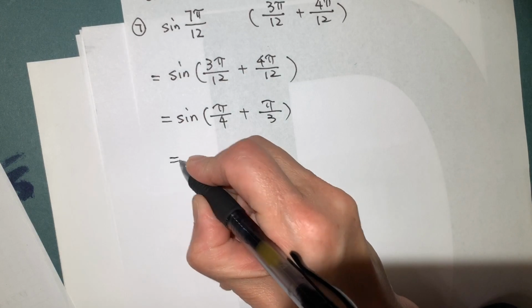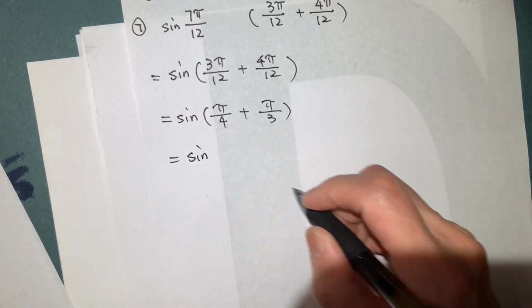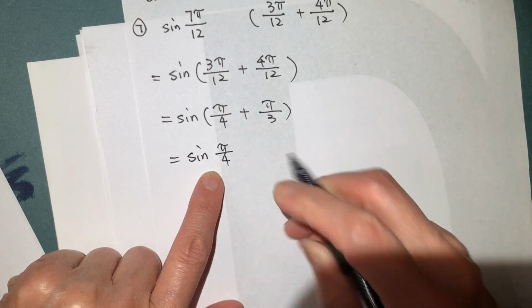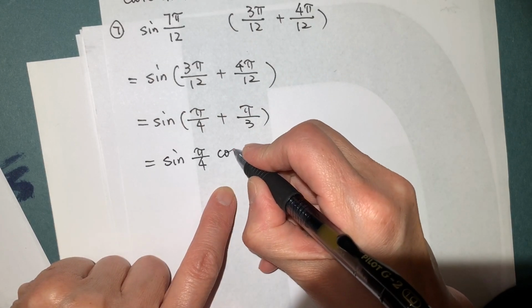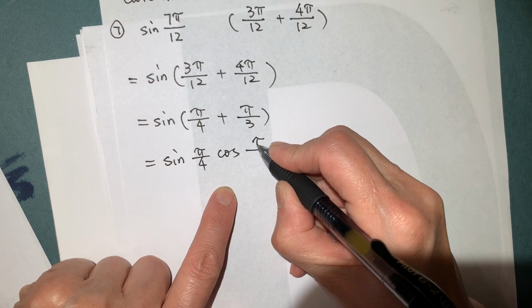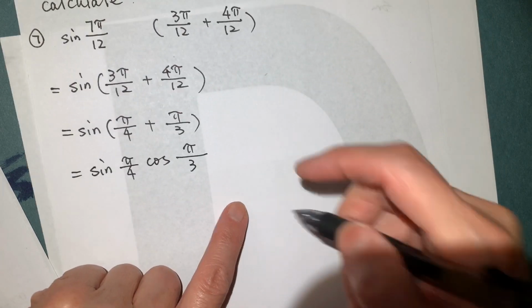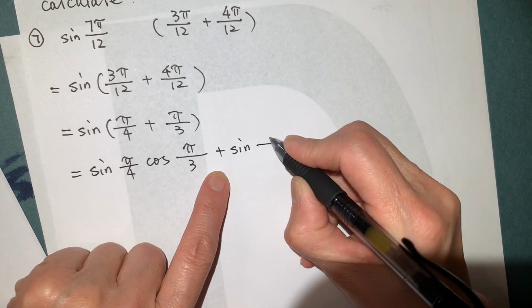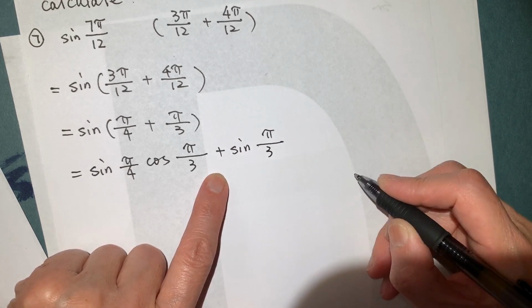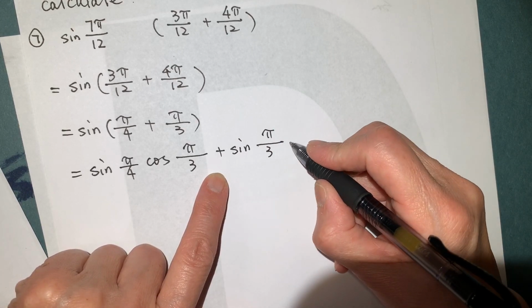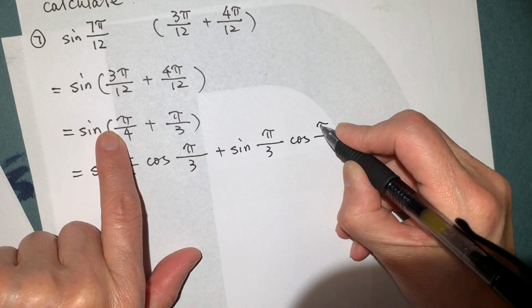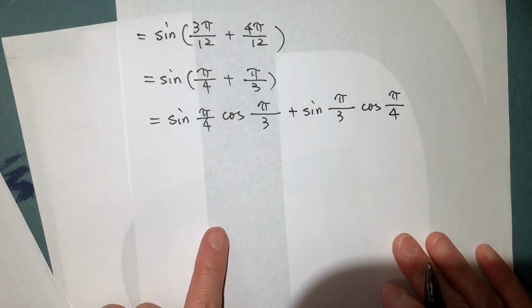So this is equal to sine pi over 4 cosine pi over 3 plus sine pi over 3 times cosine pi over 4.